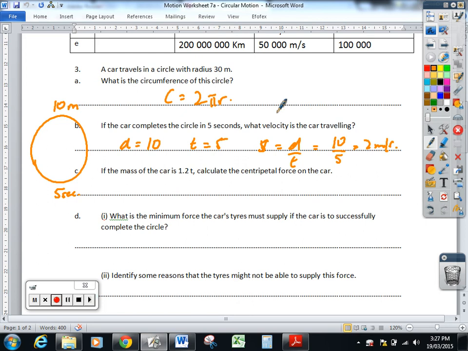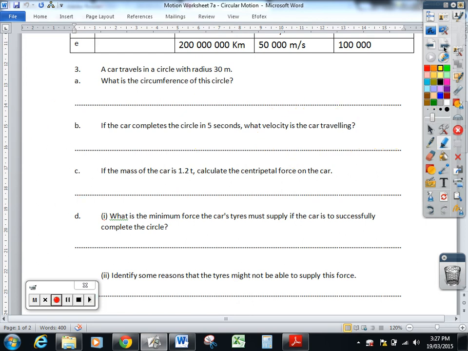Then we're going to work out what the velocity is by using this formula here. So we know that speed is equal to distance over time. So we can work out here its speed, which is its tangential velocity. So we can work out what v is for use in the formula for v squared on r.